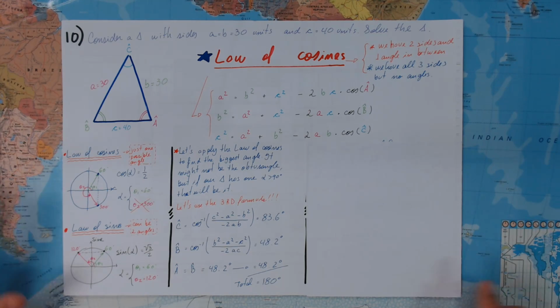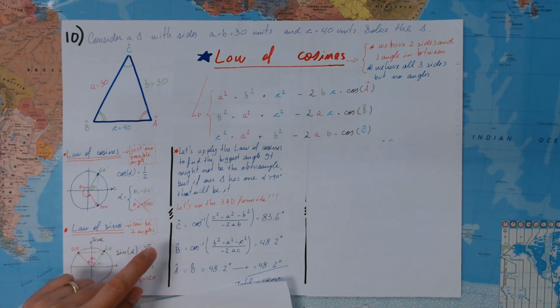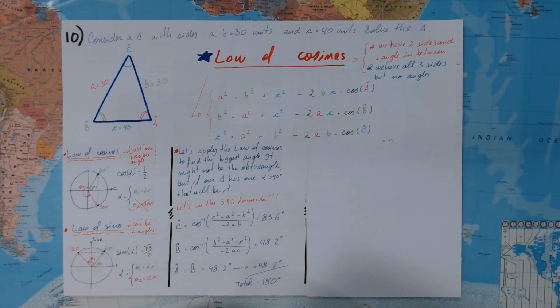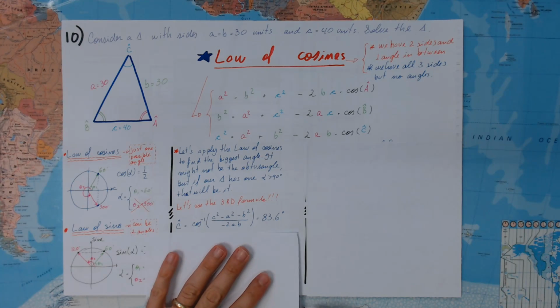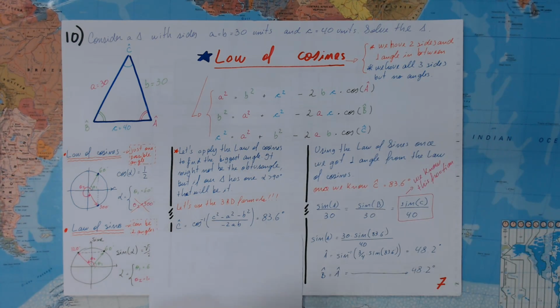Okay, so once you found this angle in here, 83.6 degrees, you can continue applying the law of cosines to the other two angles, or once you know that C is 83.6 degrees, you can just start working on the law of sines.